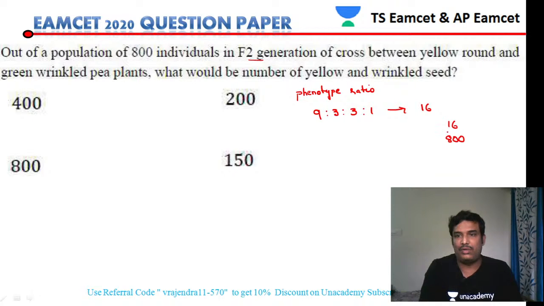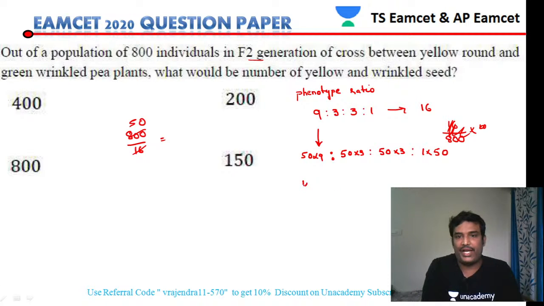So 800 divided by 16, what will be the answer? 16 fives are 80, so 50. So one member is equal to 50. So 50 into 9, 50 into 3, 50 into 3, and 1 into 50.